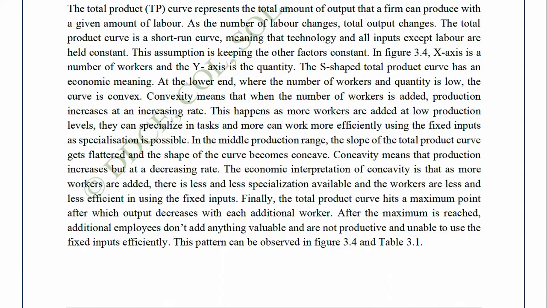Finally, the total product curve hits a maximum point after which output decreases with each additional worker. After the maximum is reached, additional employees don't add any value and are not productive and unable to use the fixed input efficiently. This pattern can be observed in figure 3.4 and table 3.1.